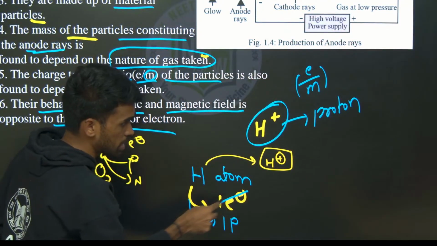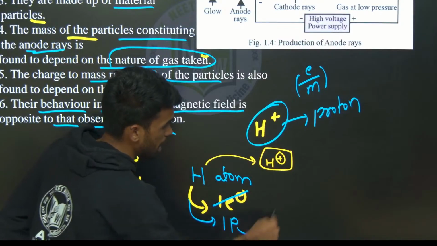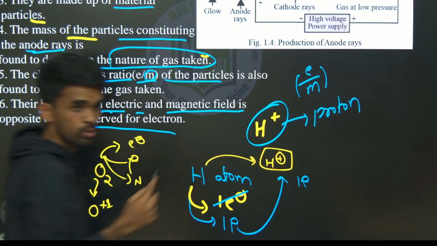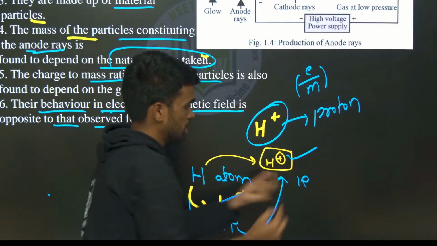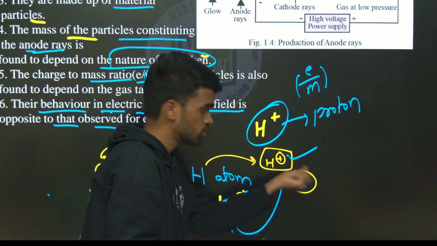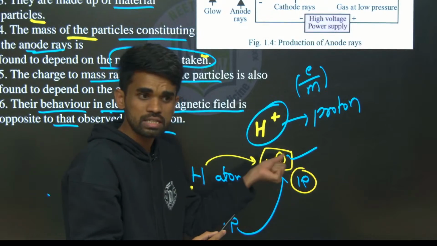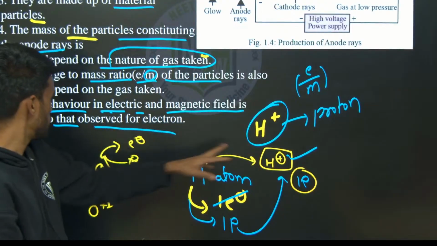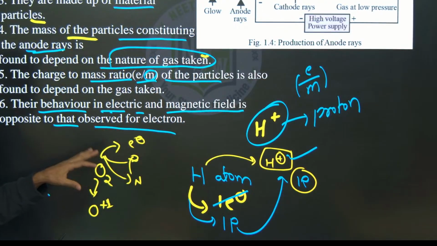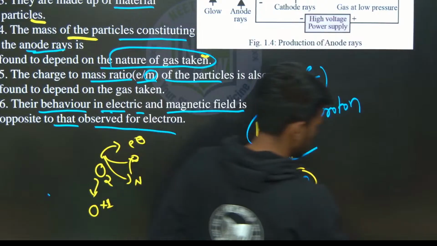It loses the electron and becomes H plus. Now it has only one proton, so only a positively charged particle is there. So can we call this a proton? Yes, the H plus ion is a proton here. The remaining ions are not protons, they are just gaseous cations. Remember that.